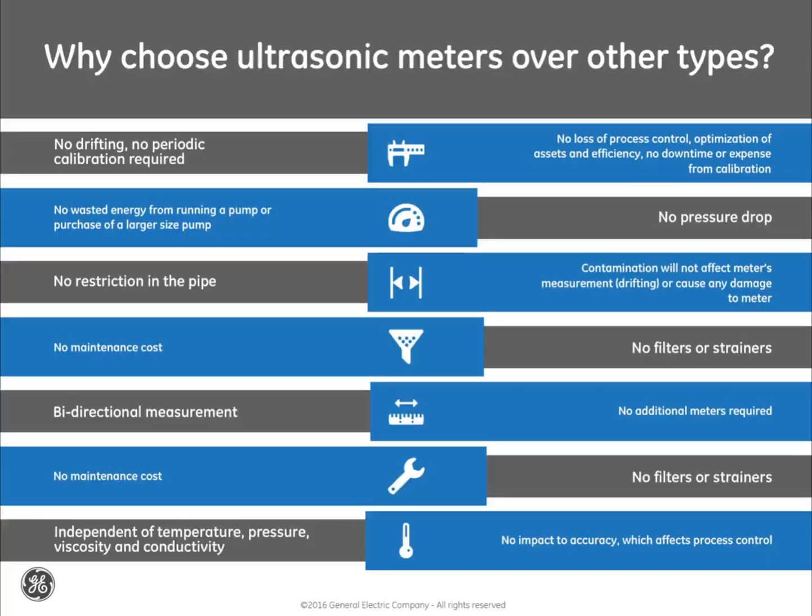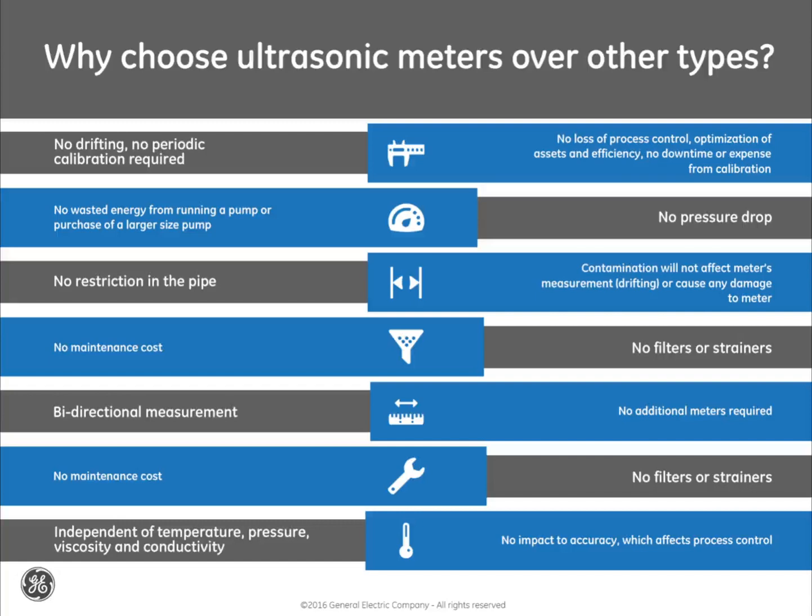Flow meter users choose ultrasonic flow meters for many reasons due to their natural advantages. A common choice is that these types of meters do not drift or require periodic calibration. Therefore, an ultrasonic flow meter is very repeatable over the life of the product for process control optimization and efficiency.